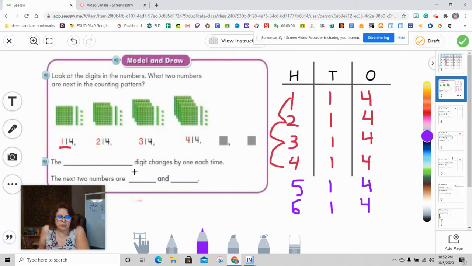So that would be the answer right here, 514 and 614. And right here, the hundreds digit changes by one each time. See? 1, 2, you count one more 3, one more 4, one more 5. So it's one by one hundreds.